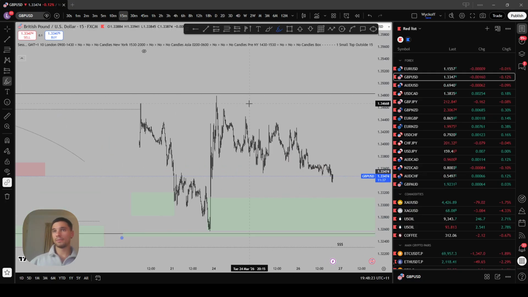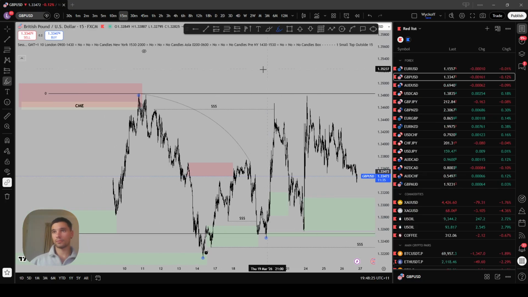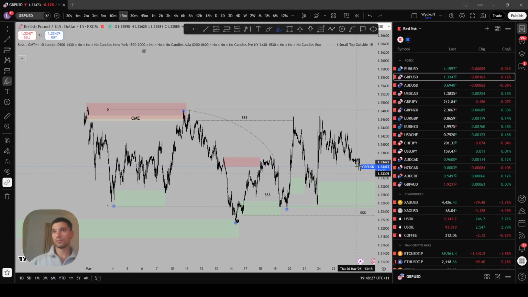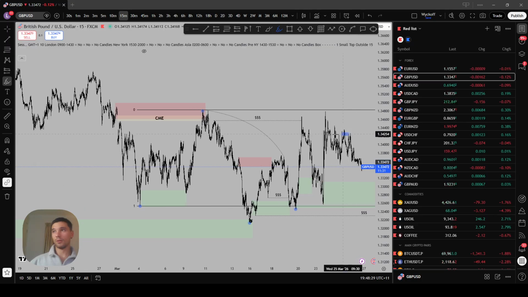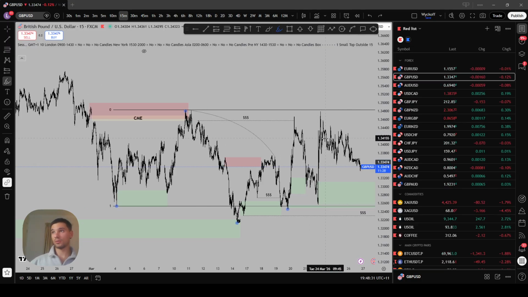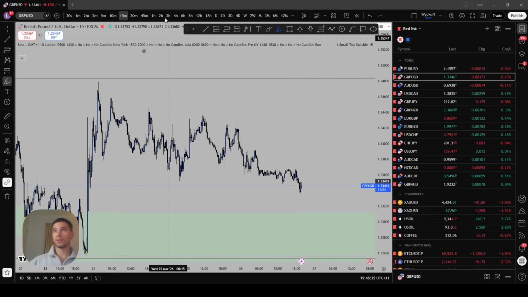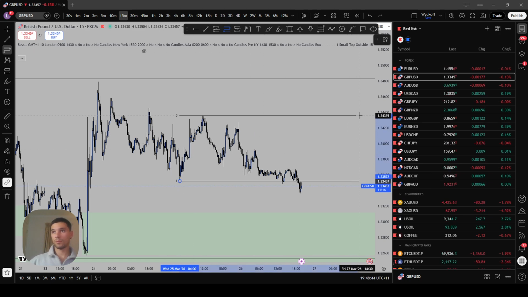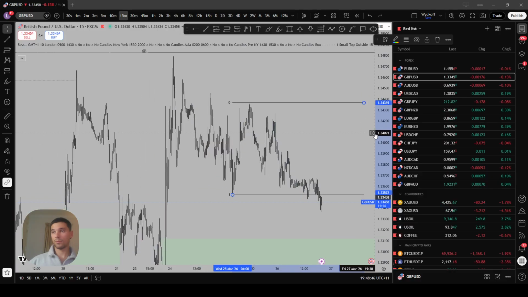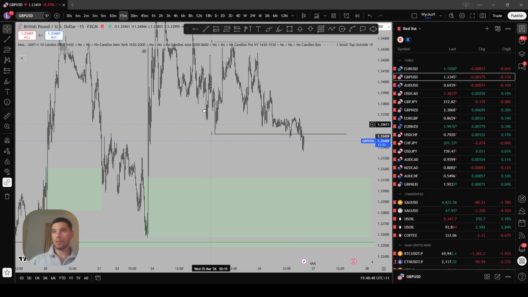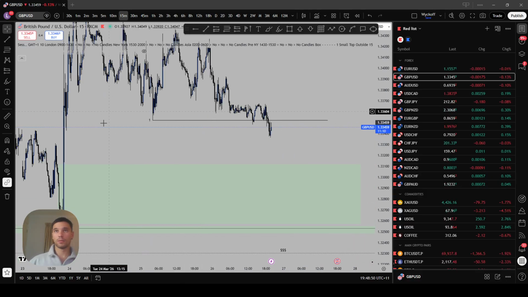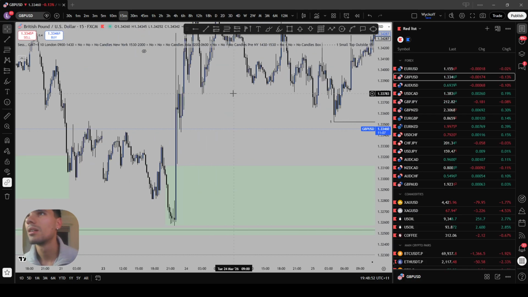GBP USD. We're really dragging this out, that's for sure. Is that a wick? Yeah, that is a wick.